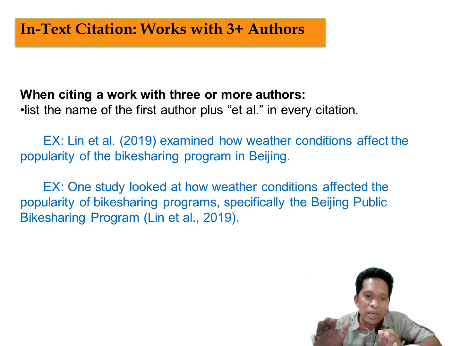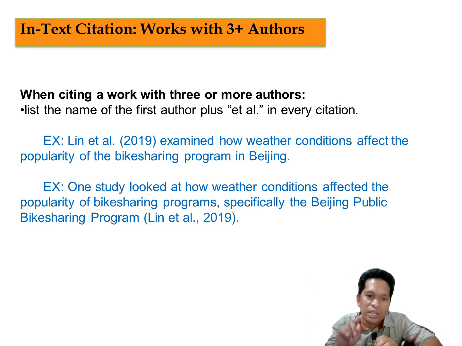Only in the narrative, only put the year in parentheses, but for parenthetical in-text citations, the surname, et al., comma, 2019. Remember, there is a period after the "al."